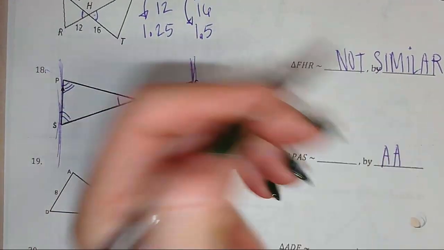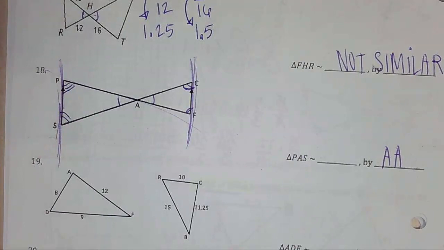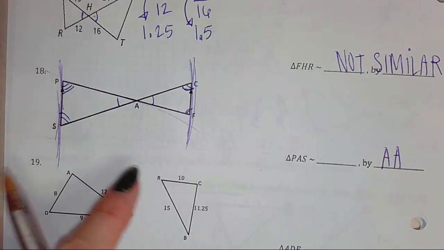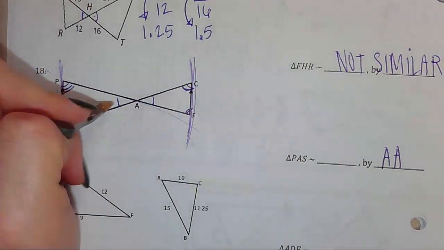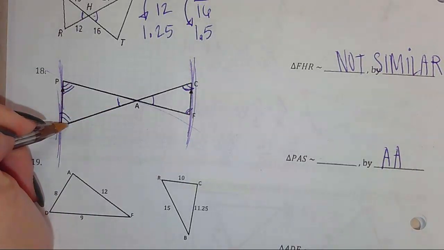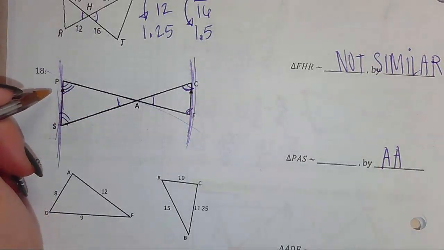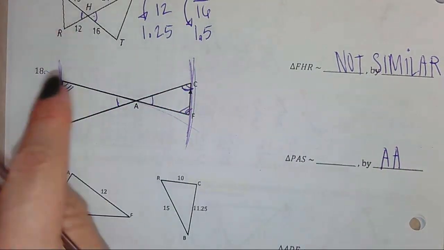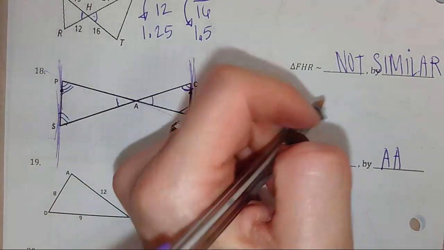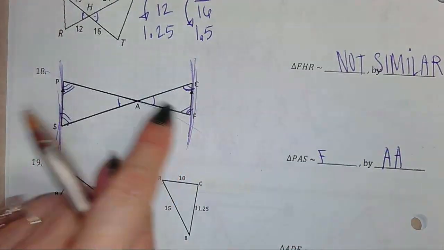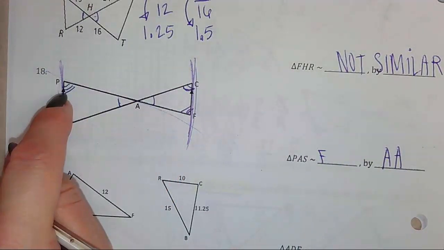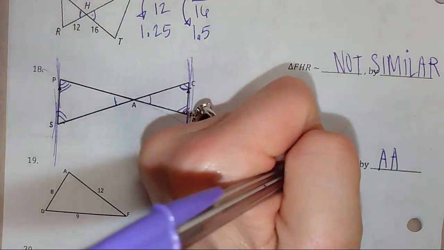So by angle, even though we know that they have 3 congruent angles, we know that triangle PAS would be congruent to triangle FAC, because P and A are the angles that correspond.